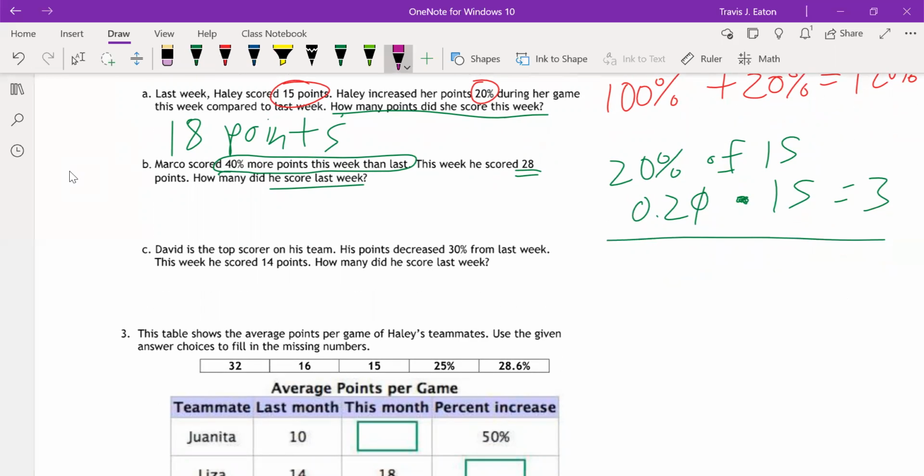We'll work in another color. Whatever last week's score is, that's what we don't know. Last week's score, we don't know, plus 40% of that is going to equal a total of this week, which is 28 points.